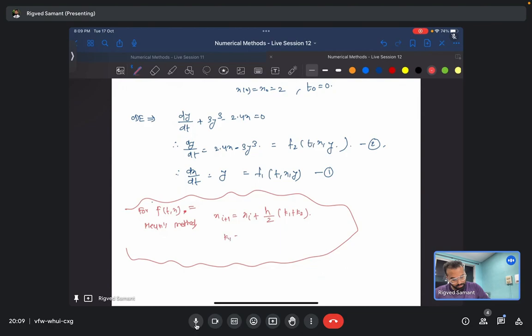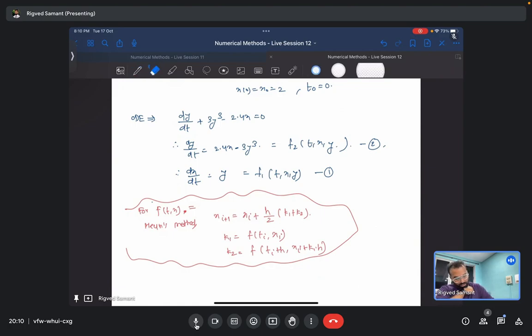And what would be k1? k1 would be f of t i, x i, and k2 would be f of t i plus h, comma, x i plus h k1, right?